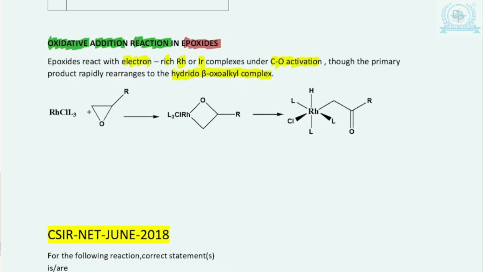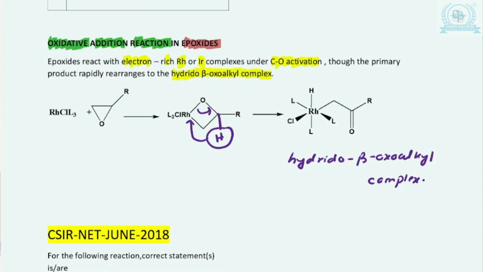If you see, this reaction is with the epoxide, resulting in the formation of this due to the CO activation of this cyclic one, and then with this it will result in the formation of the hydrido beta oxoalkyl complex.